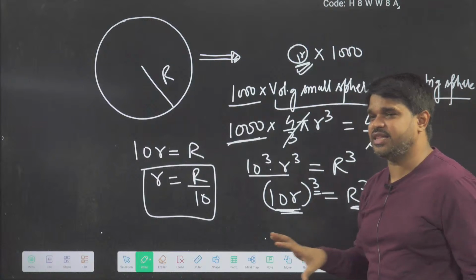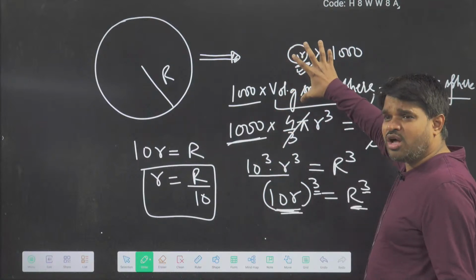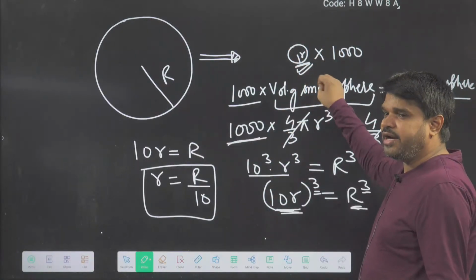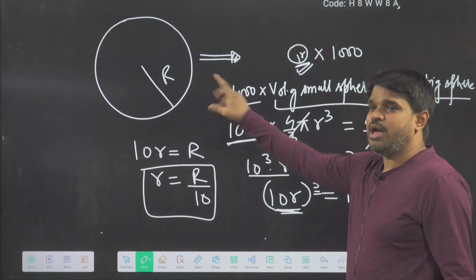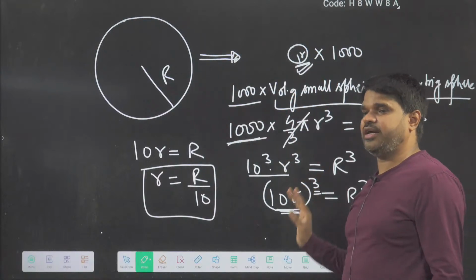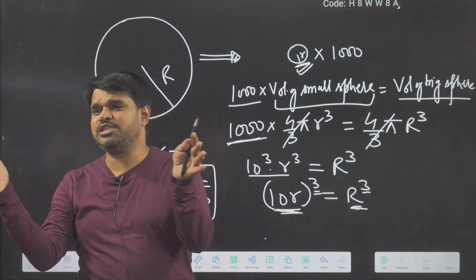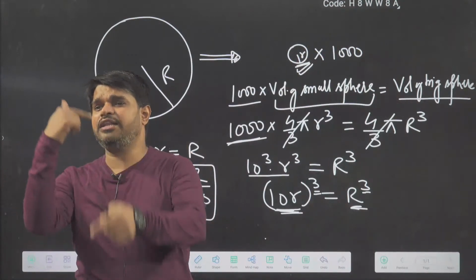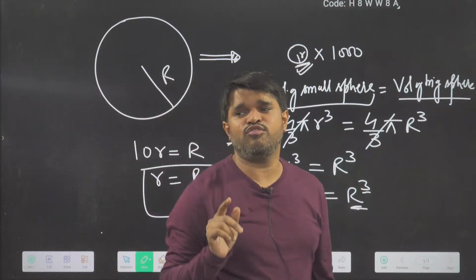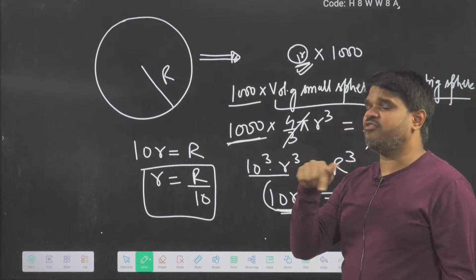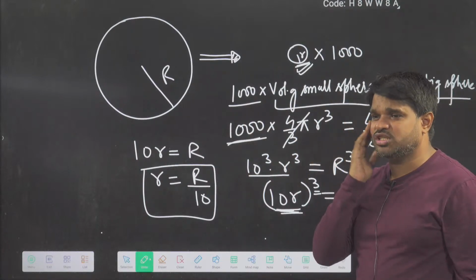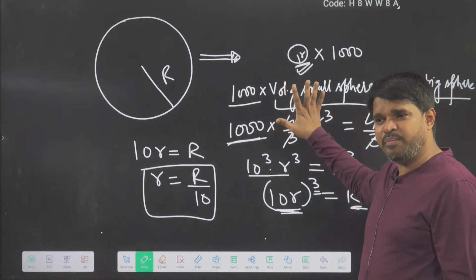Suppose multiple small spheres combine to become a big sphere. I give you the radius of the small spheres, and I want to write the radius of the big sphere in terms of the small sphere. Should I follow the same process?